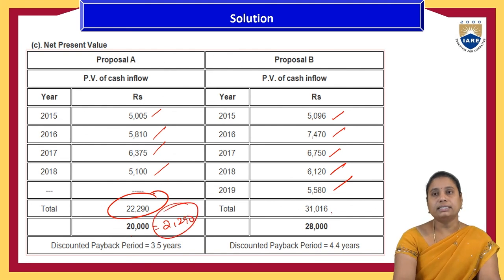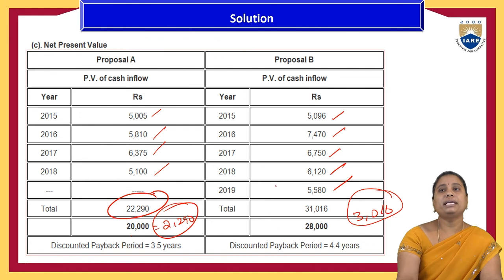And here it is 31,016, meaning its profit is 3,016 rupees. Proposal B has more NPV than proposal A. According to the NPV, it is better to accept proposal B than proposal A.